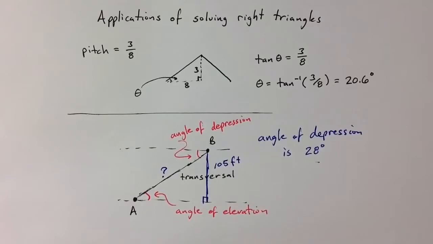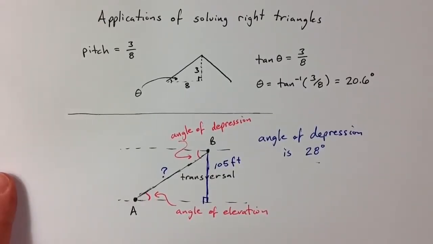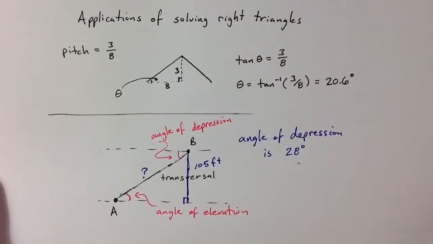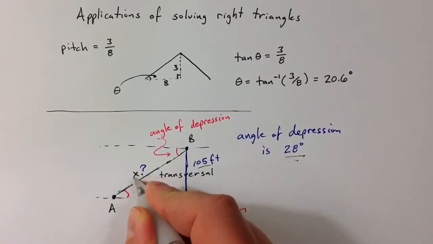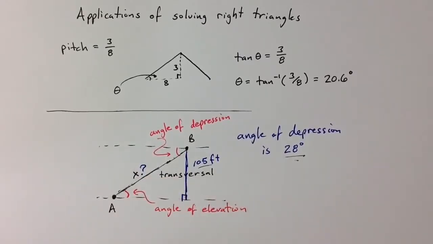To solve this problem, we need to think about what the right triangle is here. What right triangle can we set up to take advantage of the angle measurement that we have and the length that we have, provided that what we're looking for is this unknown side, the length of the transversal, the distance between A and B. There are a few ways to think about it.